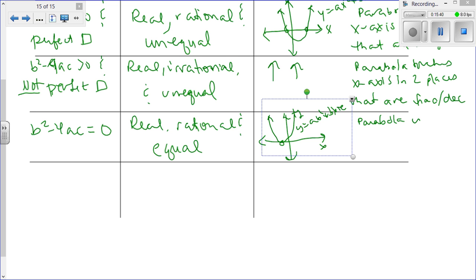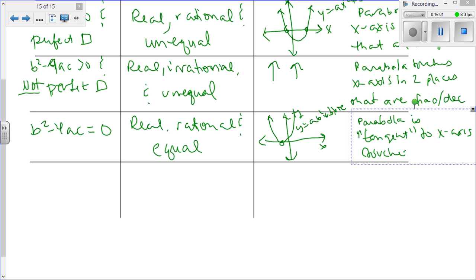So the parabola is what we call tangent to the x-axis. So it touches at one point.